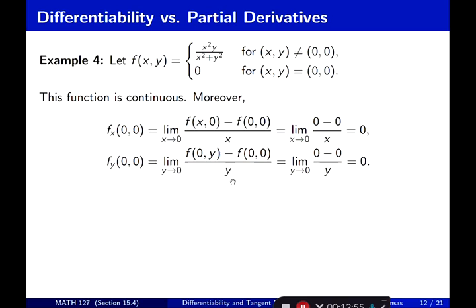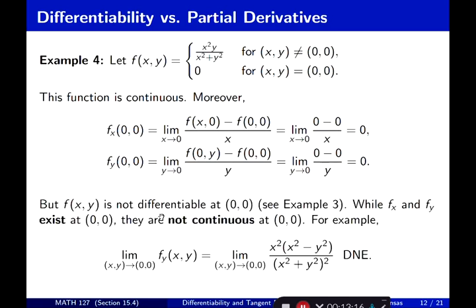In both cases, you end up with 0. So the partials at 0 are 0. But for the partials anywhere else, you don't need to use the definition of the derivative. It's just that the problem point is that it's not an elementary function at 0, 0.